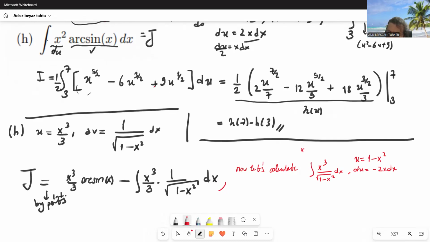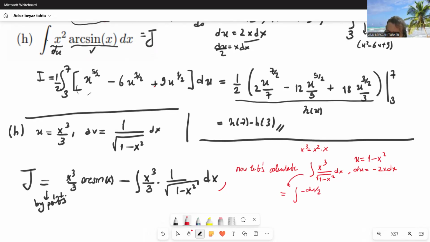Now, what happens to this x cubed? x cubed is just x squared and x. So one of the x would go to du, and the other x squared will be 1 minus u. So this integral becomes equal to x dx, so minus du over 2. This becomes this.